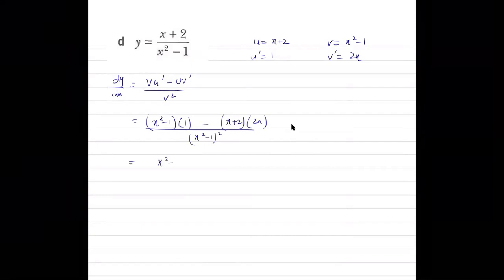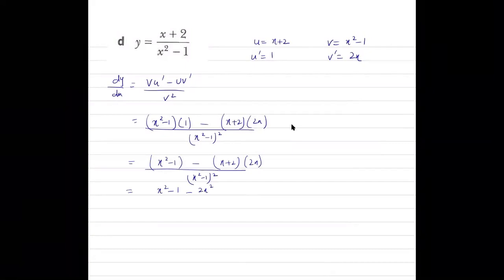So x squared minus 1 minus x plus 2 times 2x over x squared minus 1 the whole thing square. If I simplify this further, let's see what I get. x squared minus 1 minus x times 2x is minus 2x squared, minus times plus is minus 4x.